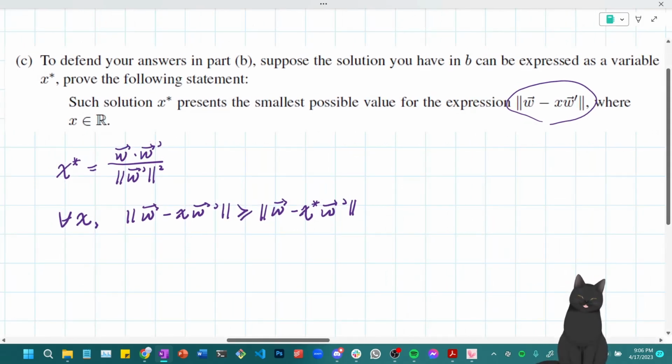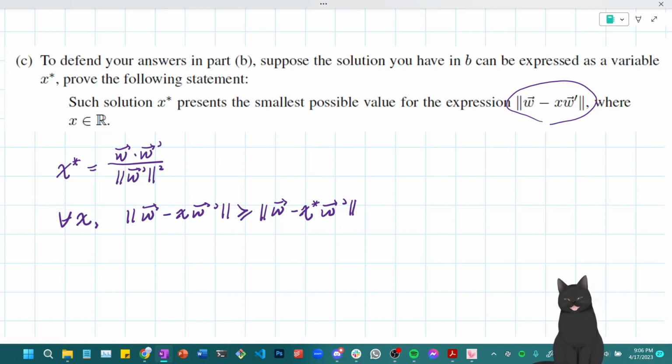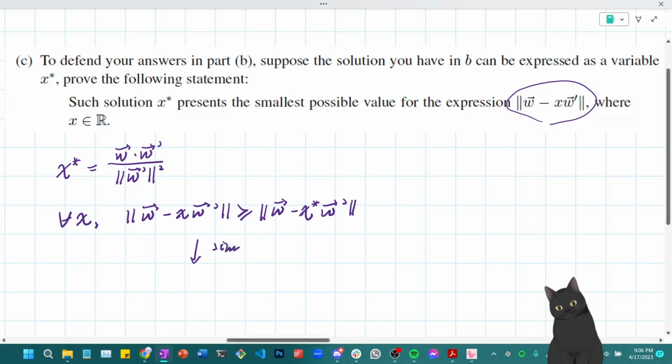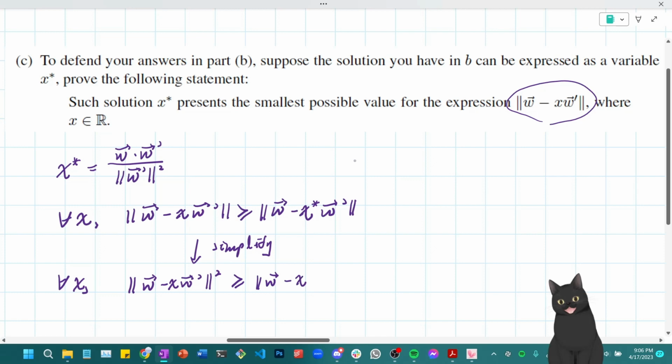So, the length of a vector is very ugly. It contains square roots, but one special thing about this is that the length of a vector is always non-negative, which means if we simplify the prompt a little so that it's more doable, we prove an equivalent prompt that says for all x, the squared length of w minus xw prime is larger or equal to the squared length of w minus x star w prime, then we will still be proving the same thing.